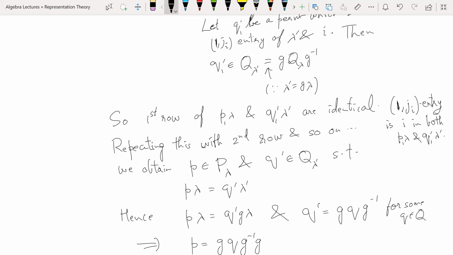Here again, instead of q1 prime you'll get some q2 prime, q3 prime and so on, but the product of these things, if you do it for the second row, third row and so on, is again in Q lambda prime. Okay. So p lambda is the same as q prime lambda prime as Young tableaux.